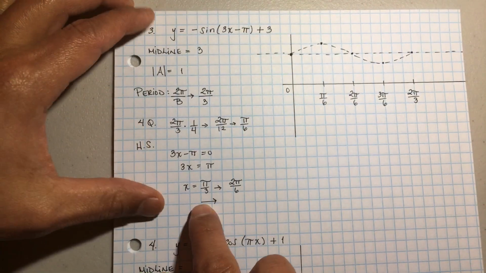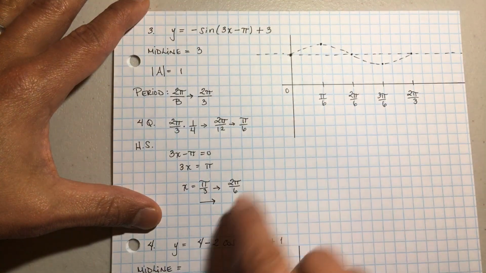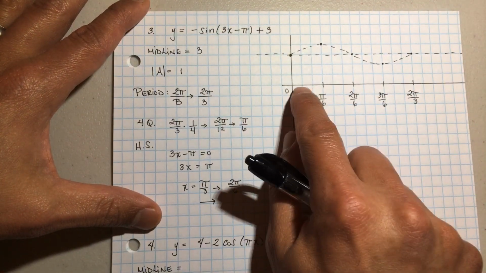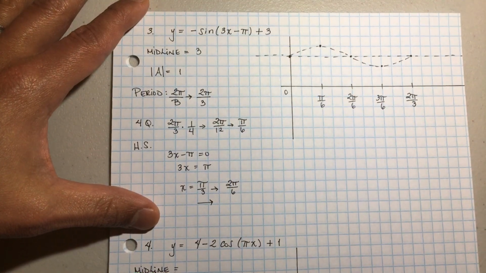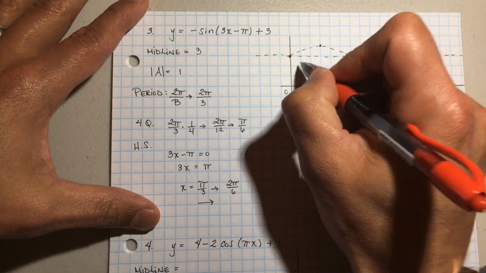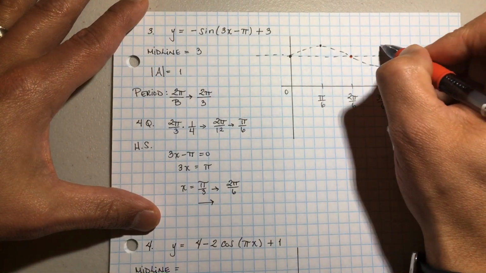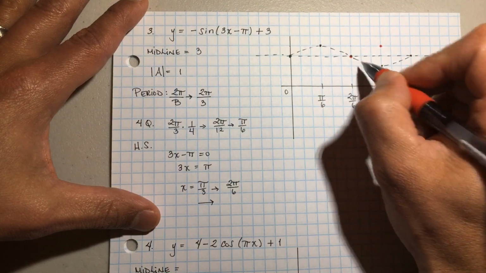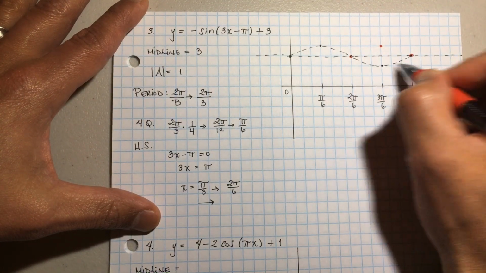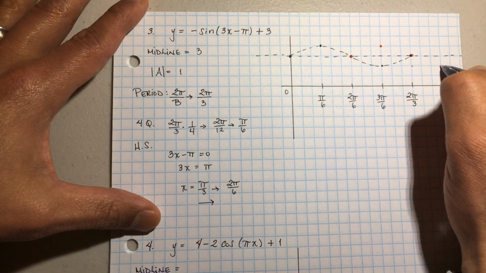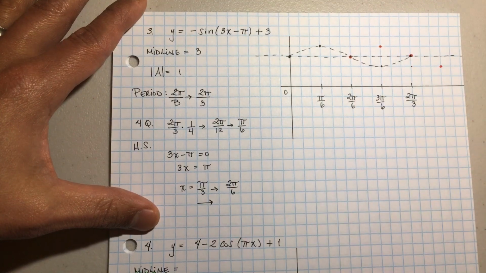Now from there, our horizontal shift. We are going to move it 2 pi over 6 to the right because it is positive. So this is 1 pi over 6. That means I got to move it 2. So this guy's going to go over here. So that means this guy is going to be over 1, 2 over here. This guy is going to be 1, 2 over here. This guy is going to be 1, 2. And then this guy, 1, and I ran out of room there.